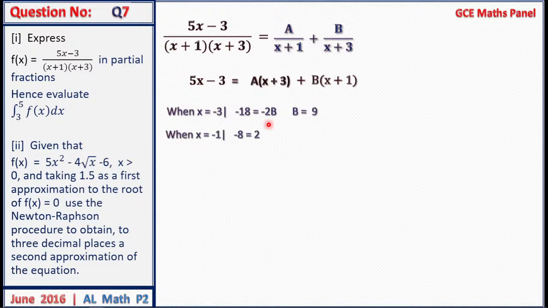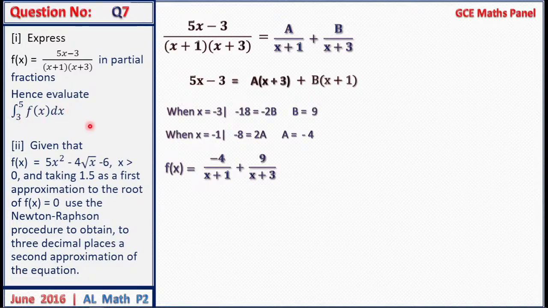Now when x is equal to minus 1, we equate this to 0 and solve. When x is equal to minus 1, you will have minus 8 equal to 2a, and a will be equal to minus 4. Therefore our f of x will be equal to minus 4 over x plus 1 plus 9 over x plus 3. Then after that, hence evaluate the integral from 3 to 5 of f of x dx.